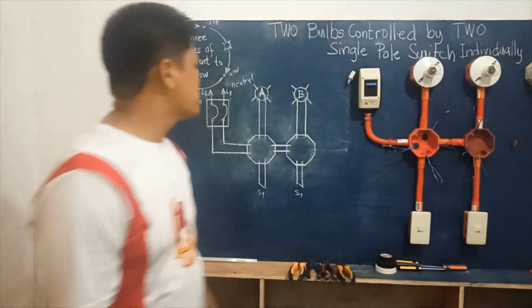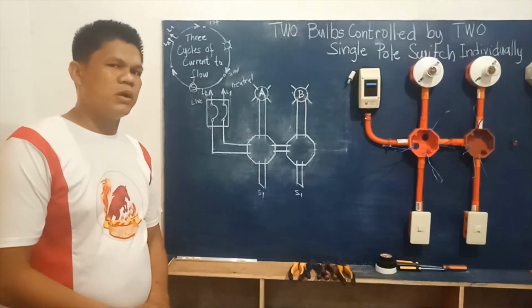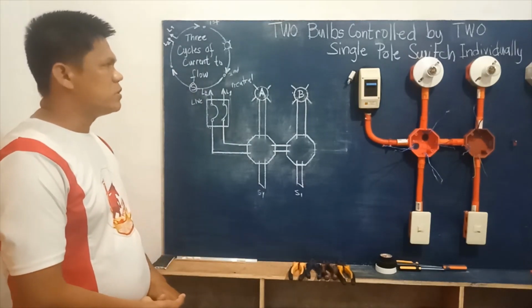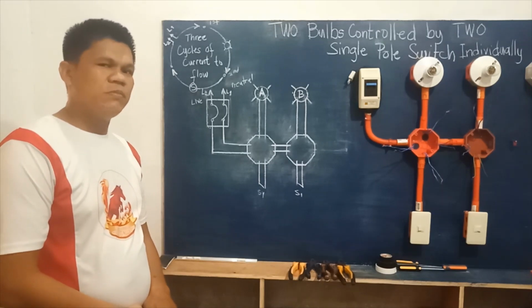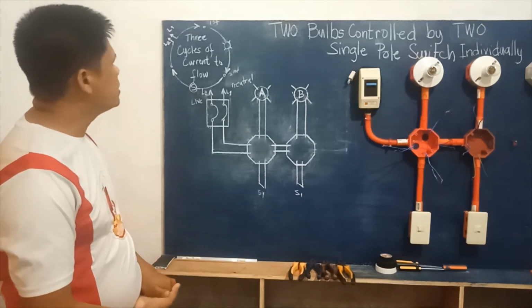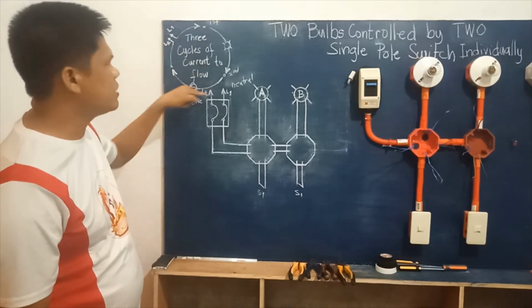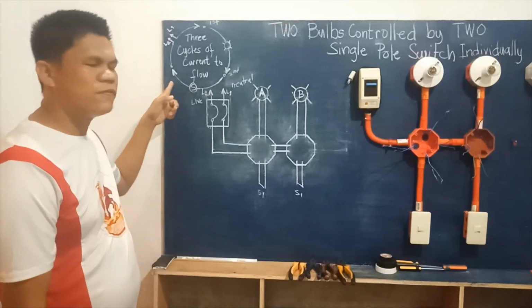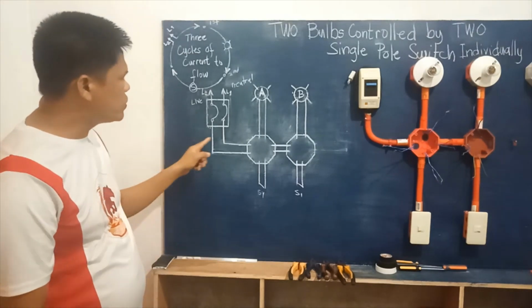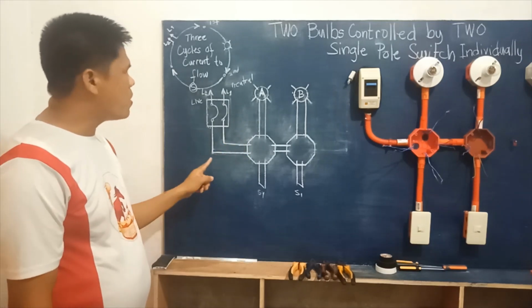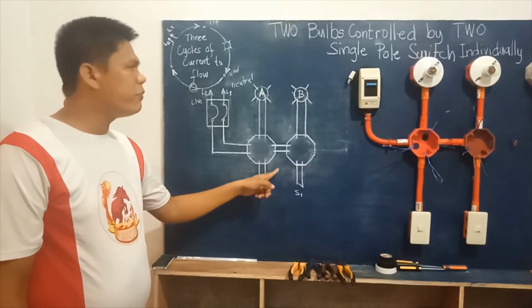Okay? Now, before we discuss our installation of the two bulbs controlled by two single pole switches individually, of course, we have to discuss again the three cycles of current flow, and explain how we are going to draw the wiring diagram.